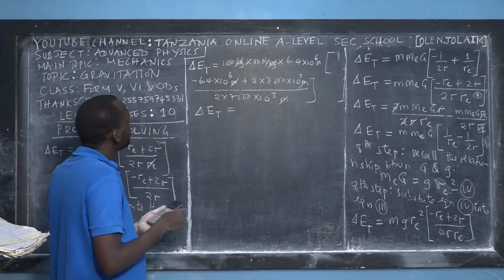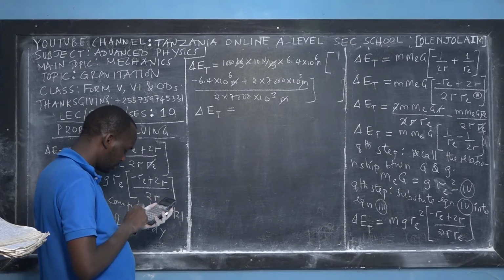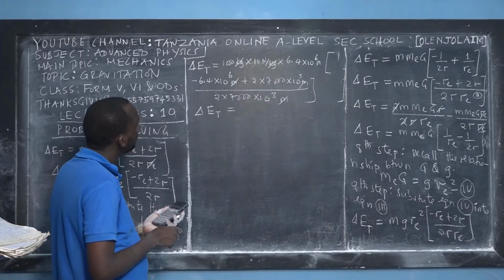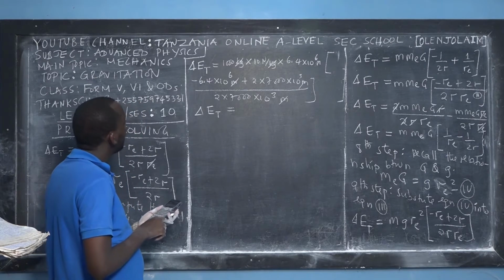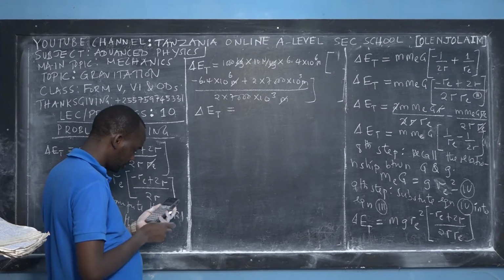It's not tough to do that computation. So you just take 2 times 7 exponent 6, minus 6.4 exponent 6.